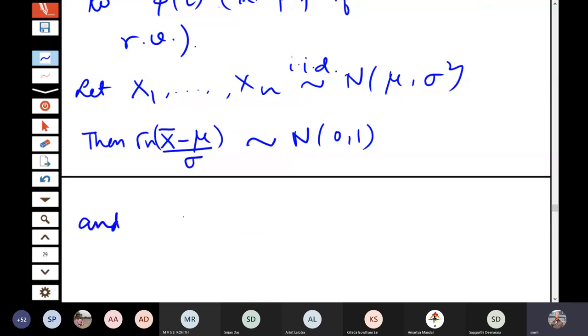And W, that is (n minus 1) s square by sigma square, follows chi square n minus 1, and these two are independent.